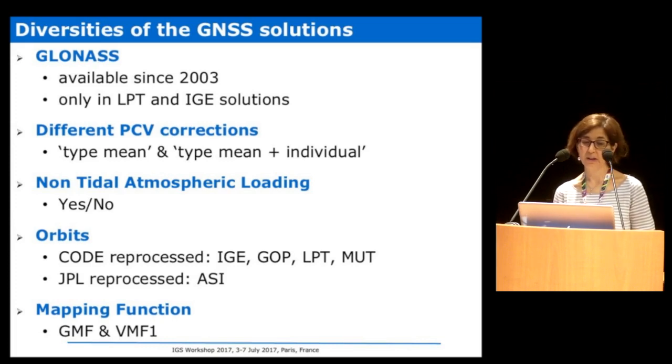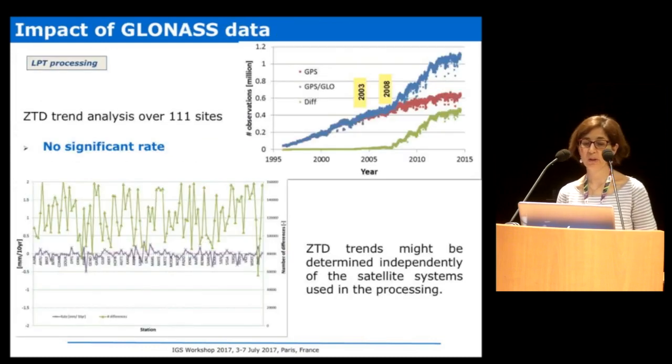So we started looking at the impact of this diversity, and we started with GLONASS. We have GLONASS data starting from 2003, but the amount of GLONASS data started to increase only in 2008. The impact of GLONASS data has been evaluated in terms of ZTD trend analysis. At LPT, they ran exactly the same solution with the same setup, in one case a GPS-only solution, in another a GPS plus GLONASS solution, and we looked at the difference of the ZTD trends from more than 100 sites.